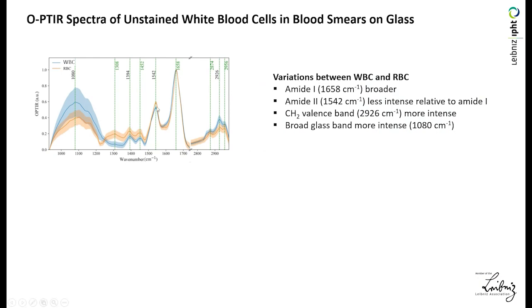So an overlay of a spectrum from red blood cells and white blood cells indicates several differences.